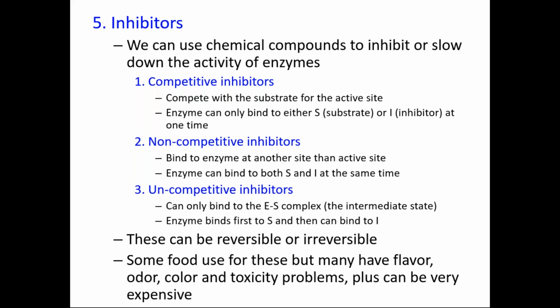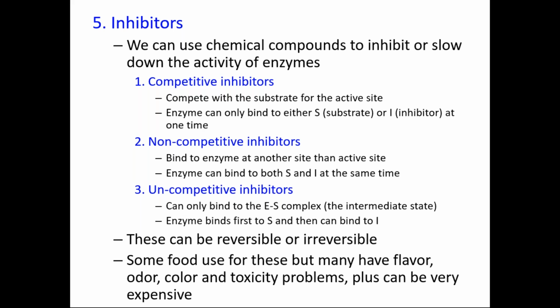There are irreversible inhibitors which completely change the structure of the enzyme or denature the enzyme, and even if you remove the inhibitor, you will not be able to use the enzyme again. A very good example of this is mustard gas or nerve gas, which was used in the world wars.